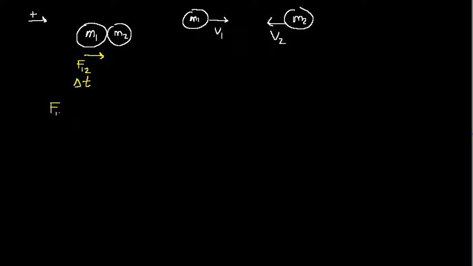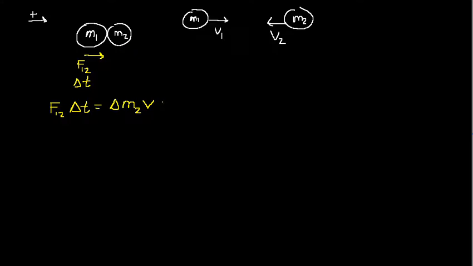Force of 1 on 2 times delta t is the change in the momentum of the second object, M2. In other words, object 2 experiences a force, in yellow, and it changes its momentum.